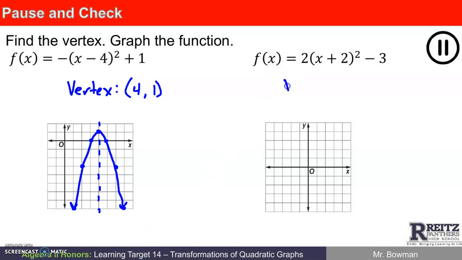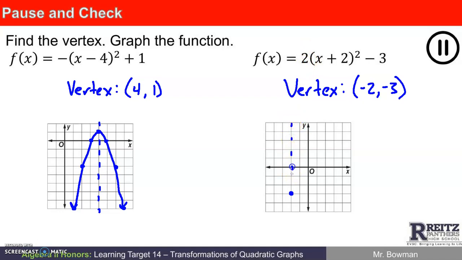The vertex of this graph, f of x equals 2 times the quantity x plus 2 squared minus 3, is -2, -3. Right here. This thing opens upward because a is positive.